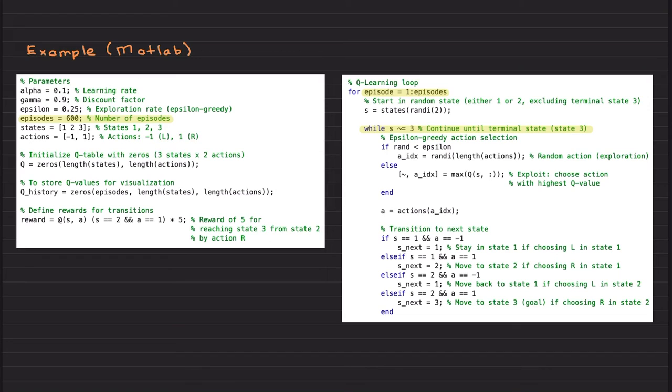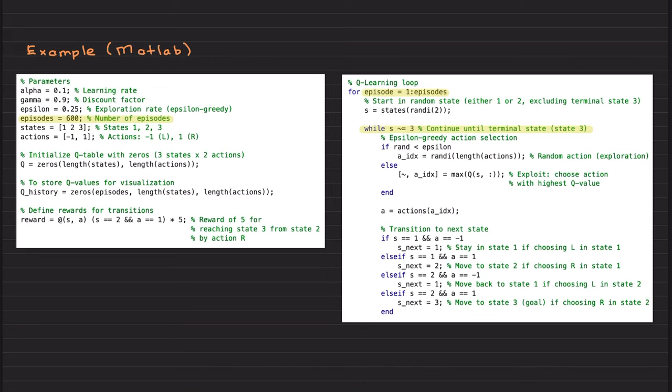I am going to run this for 600 episodes, meaning that 600 times I am going to reach the terminal state and the game is over. 3 states, left and right actions, initializing the Q table to be zeros. This is for recording. I am going to record Q values and plot it for you, so that's why I defined this. This is the reward if I am at the second state choosing action 1, a reward of 5.